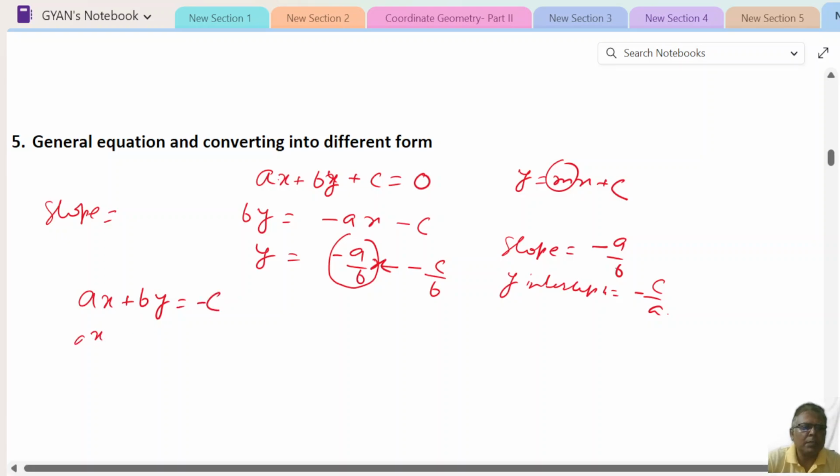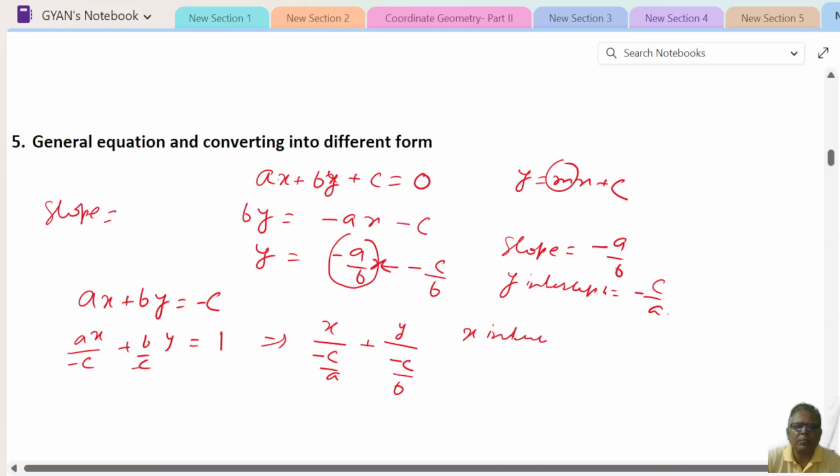Then x upon minus c by a plus y upon minus c by b is equal to 1. So the x-intercept is equal to minus c by a, and the y-intercept we have already calculated, that is equal to minus c by b.